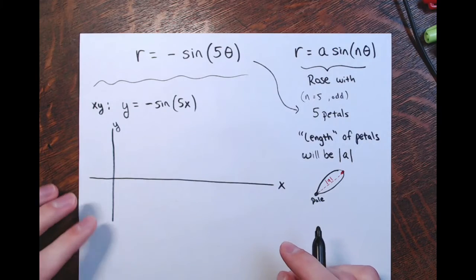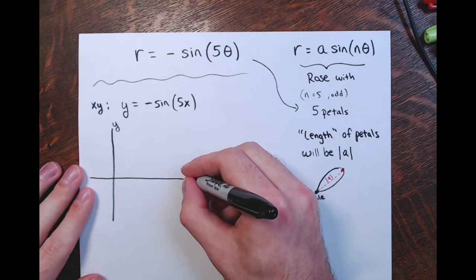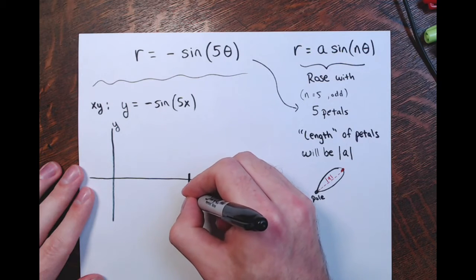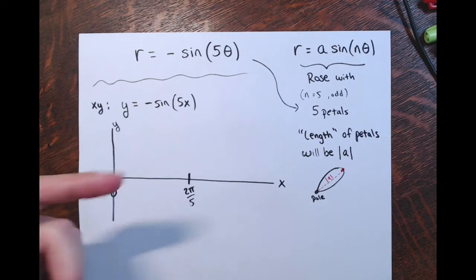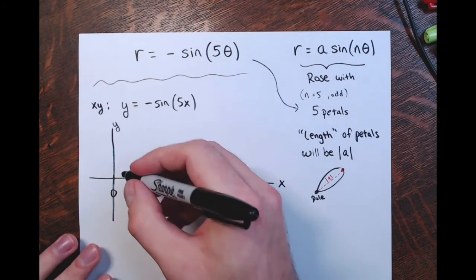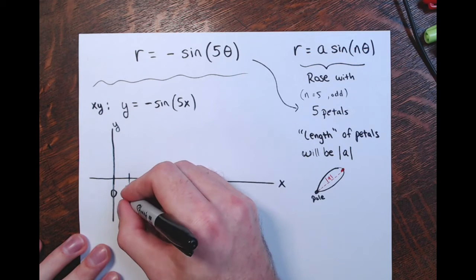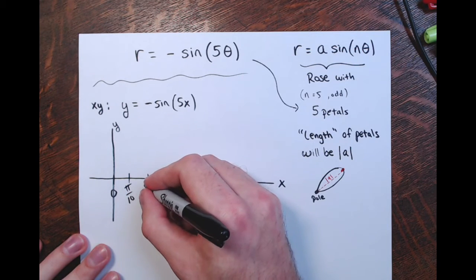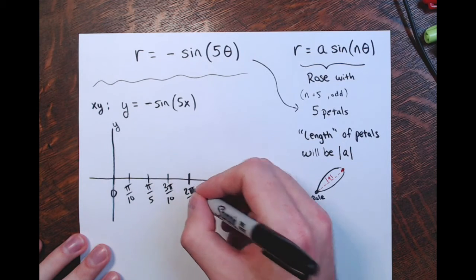All right. So this would have a period of 2 pi over 5. And it has no phase shift, right? No phase shift. Period of 2 pi over 5. I'll break this into quarters, so every pi over 10 for these special values: pi over 10, 2 pi over 10, 3 pi over 10, and 4 pi over 10.